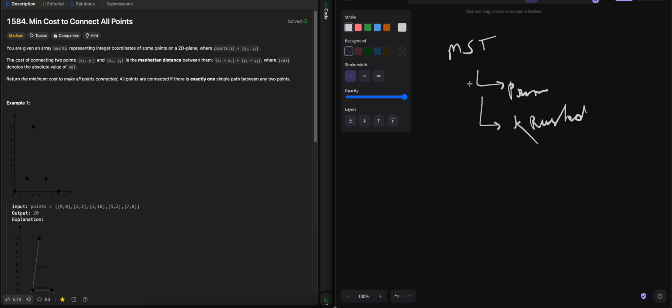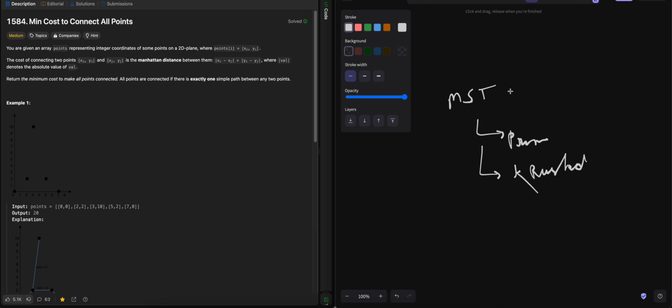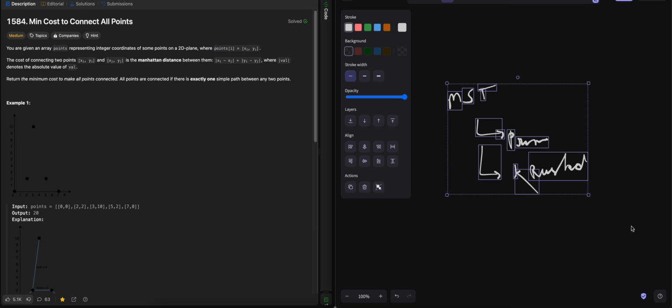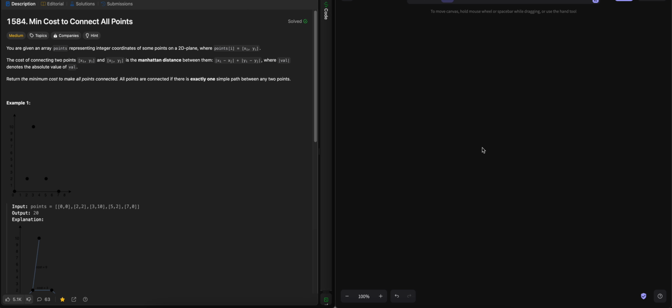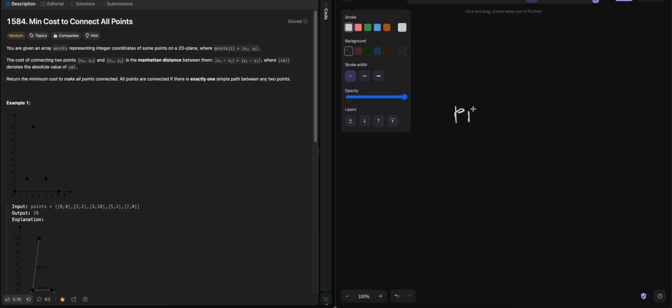So let's dive into the problem to see how we are going to solve it. Out of the MST algorithms, we are going to use a variation of Prim's algorithm. We will apply Prim's to find the solution.